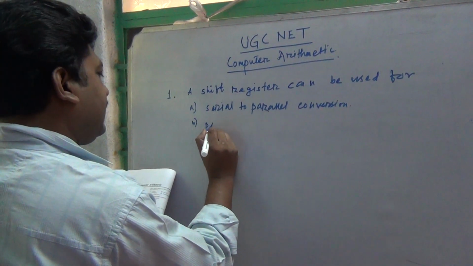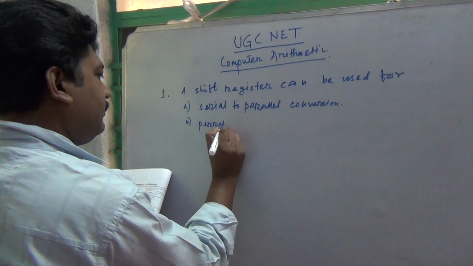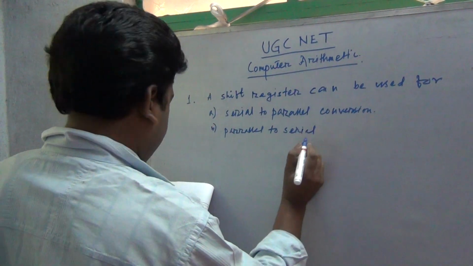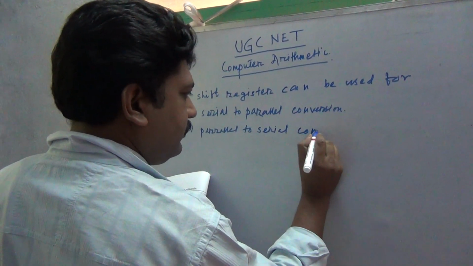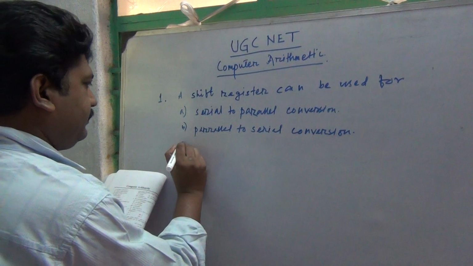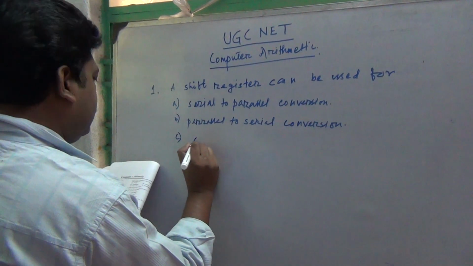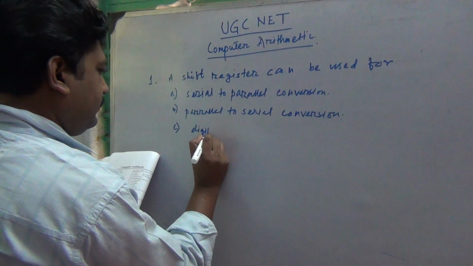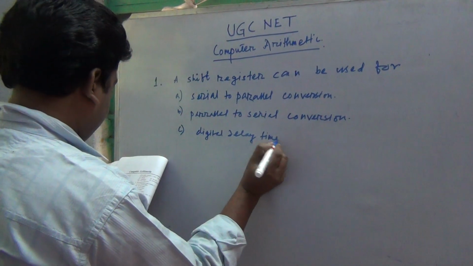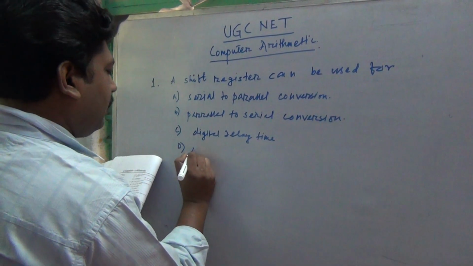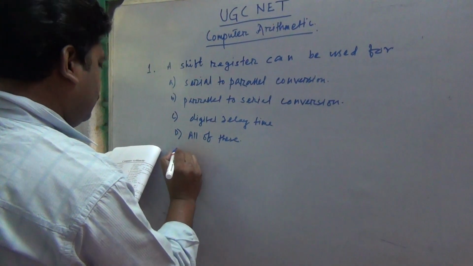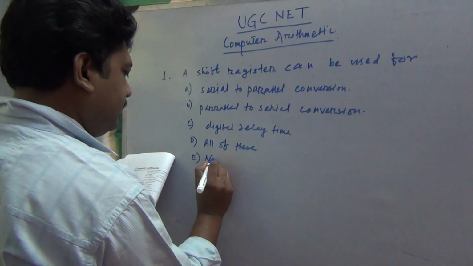B, parallel to serial conversion. C, digital delay time. D, all of these. E, none of these.